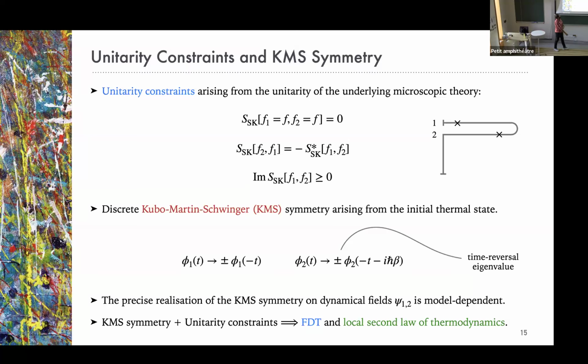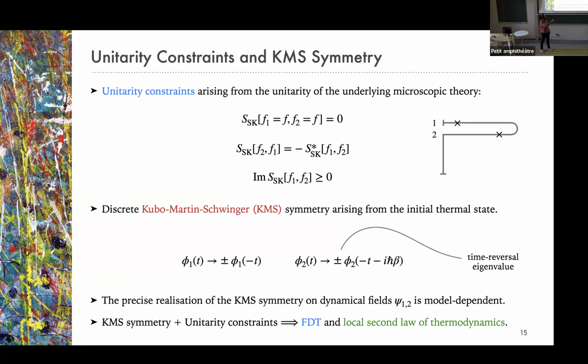All right. I said that the theory should have some unitarity constraints because the imaginary part cannot be arbitrary. Don't want you to read too much into it, just the fact that there are some constraints that the action must satisfy for the microscopic theory to be unitary. And the theory should have some sort of KMS symmetry.